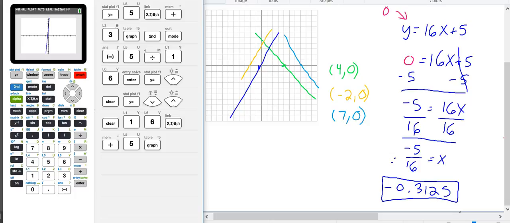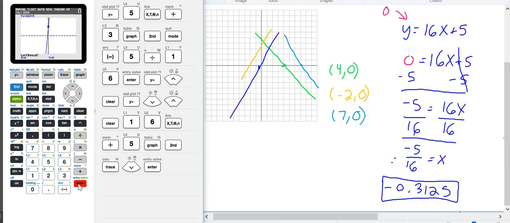Whenever you press the second button, which is blue when it's not clicked, we're activating the little blue words on top of each button. If we press trace, the little blue word on top of it is calc, for calculate. If we scroll down to 2, that says zero. Zero is another word for the x-intercept. Press enter.